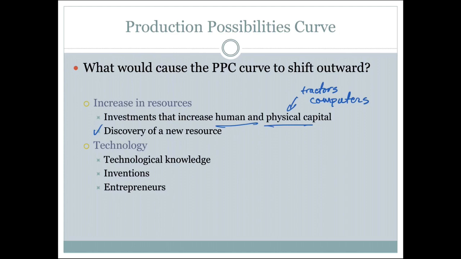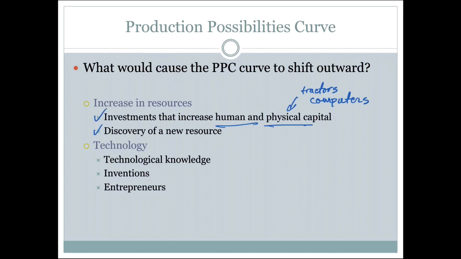Human capital is the knowledge and ingenuity we have inside of our heads. If we increase our human capital, that is our knowledge and scientific inventions, or if we increase our physical capital, that is tractors and computers, in general, we can make more stuff. So this would increase our production possibilities curve, i.e. increase economic growth.